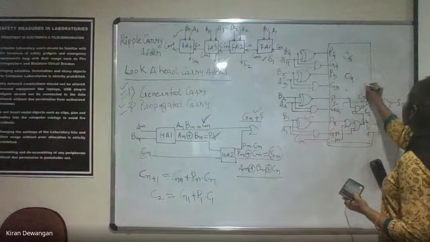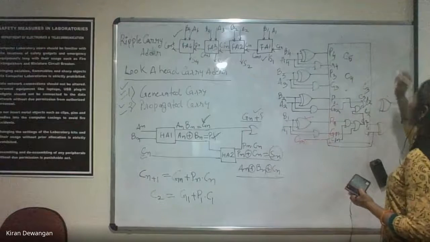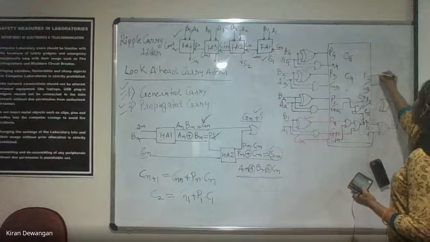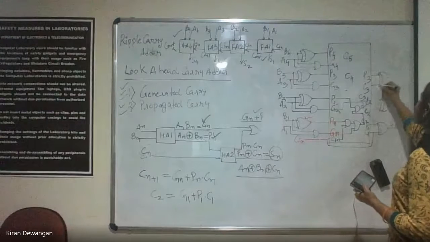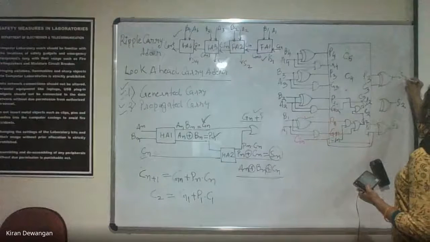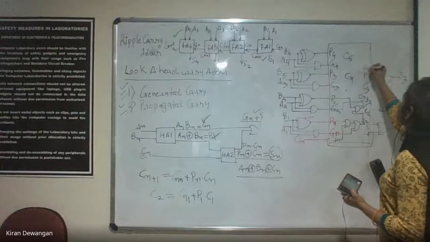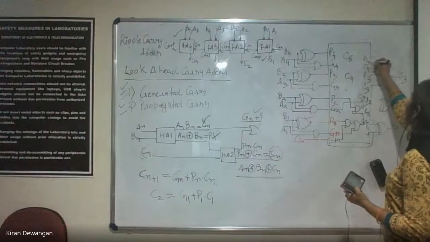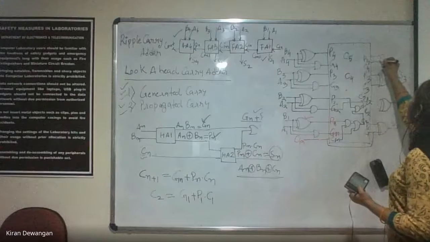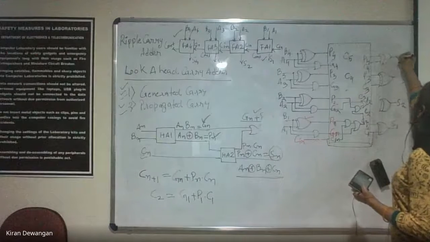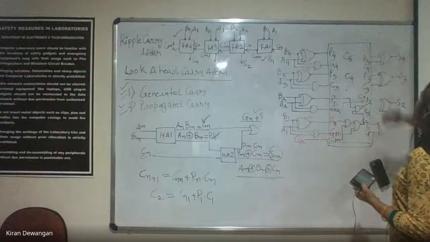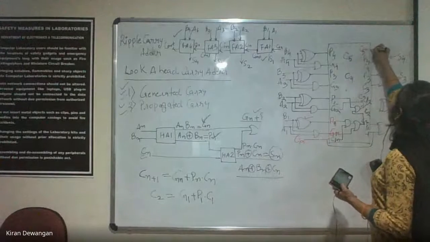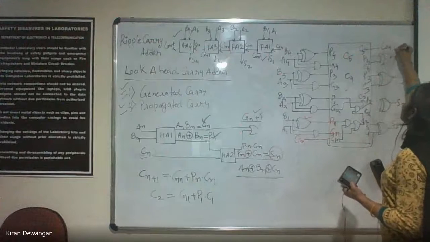Here we have generated C3 and P3 is the propagated carry. It is producing S3. C4 is generated, then P4. It is XORed and it is producing S4. And we have finally C5, which is our carry out.